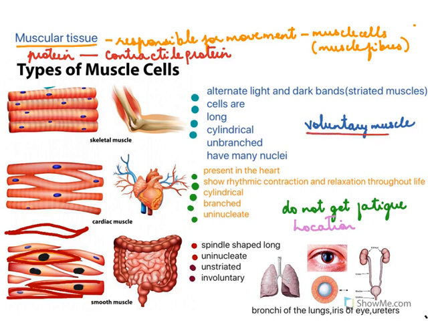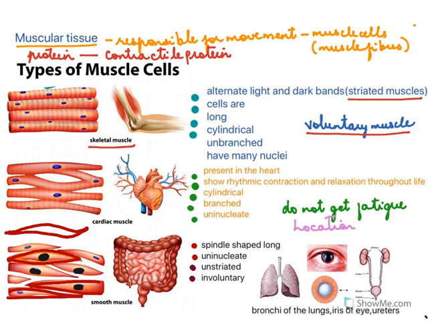One was called the voluntary. Why were they called voluntary? Because they were under our control, under our will, like the muscles of our hands and legs. They are attached to the skeleton, so they were called the skeletal muscles. They were called the striated muscles because they are made of light and dark bands. All these are the names of one muscle cell: skeletal, voluntary, striated. They can be called by any one of these names.